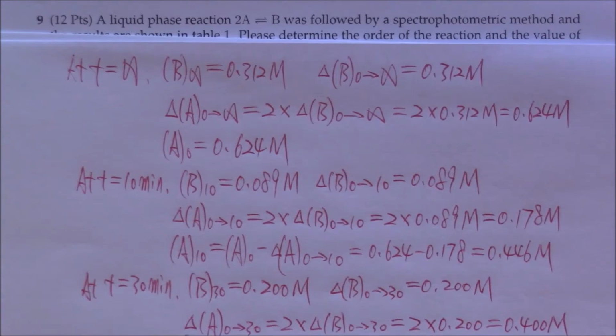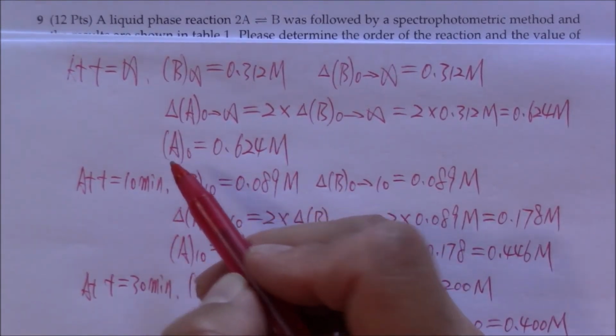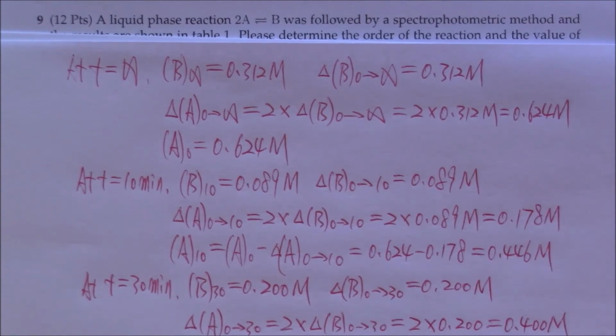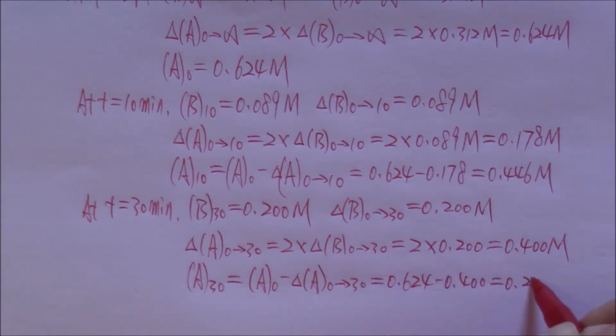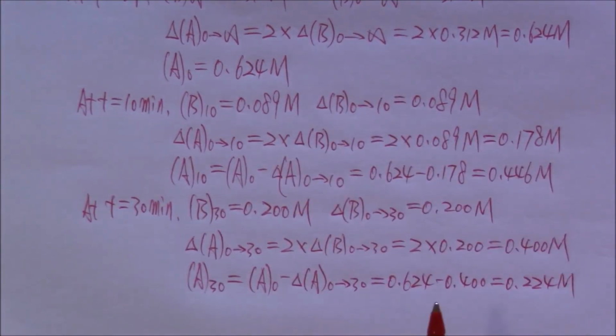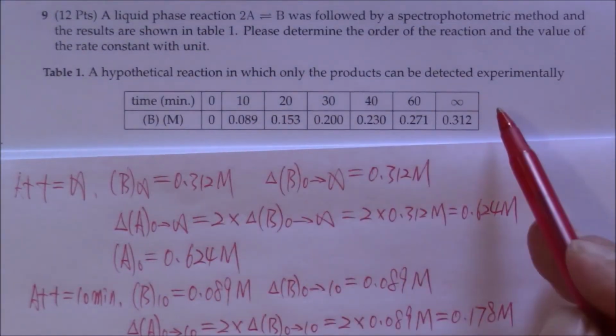Then we use the change of A and the initial concentration of A to calculate the concentration of A at T equal to 30 minutes. With the same method, we can calculate the concentration of A at any time here.